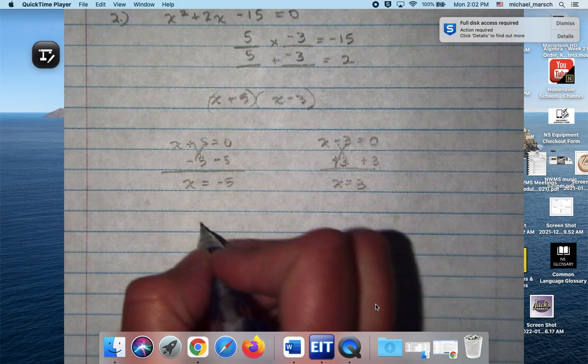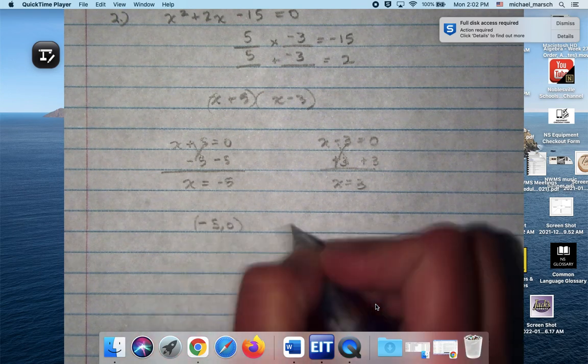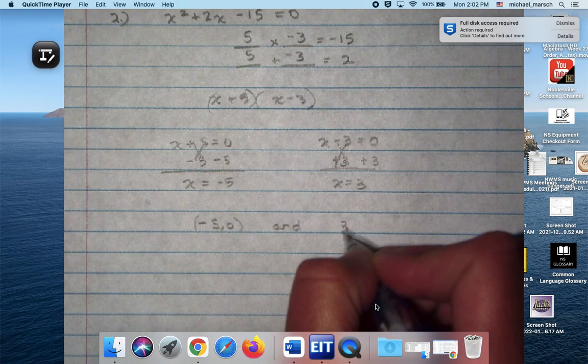And so my x-intercepts are going to be negative 5, 0 and 3, 0.